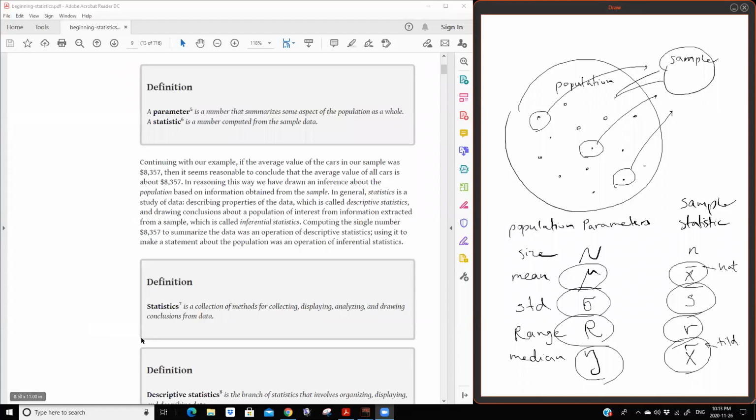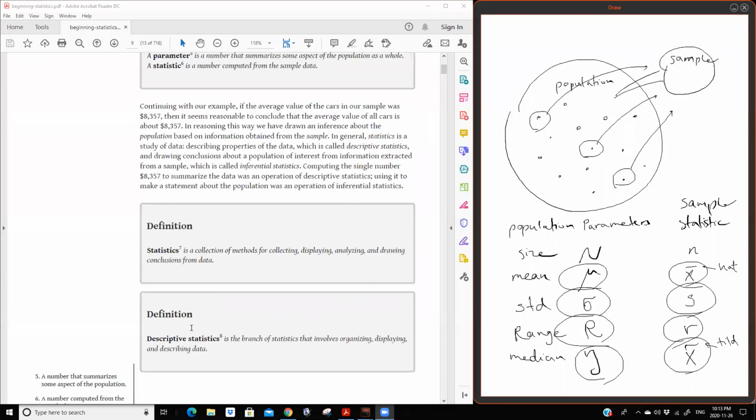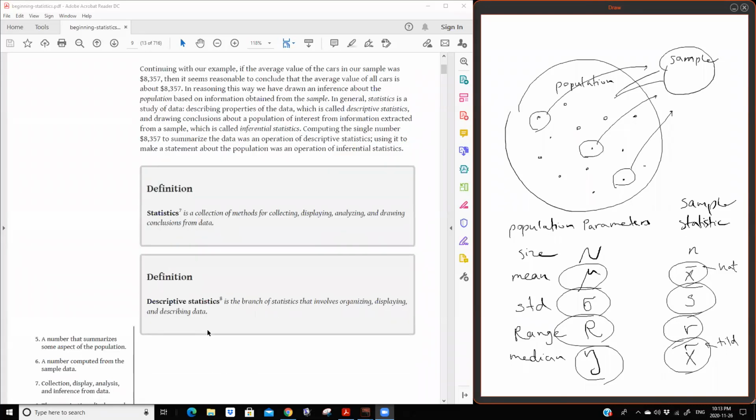What is statistics? Statistics is the collection of methods for collecting, displaying, analyzing, and drawing conclusions about data. The science of statistics is largely divided into two categories: descriptive statistics and inferential statistics. In this course, we mostly focus on descriptive statistics, which is the branch of statistics that involves organizing, displaying, and describing data.